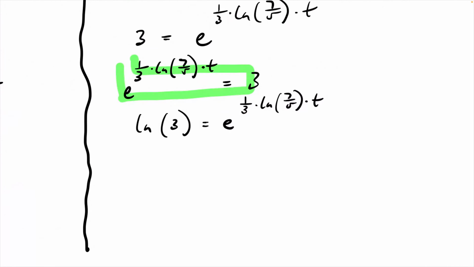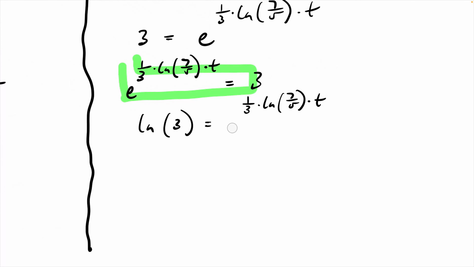Wait, nope. Put the e in the wrong spot. The power should be over here, just the power. So that guy right there. The e is down here. That's where the e is. Divide by what I don't want to keep.